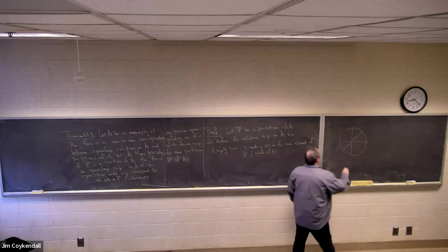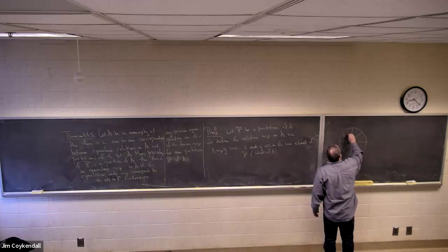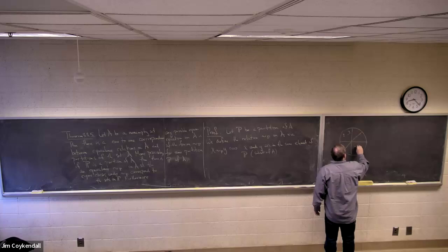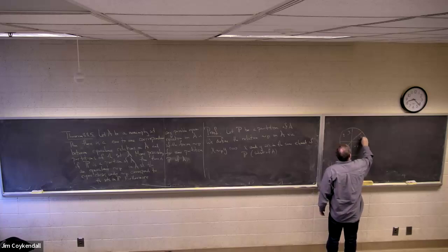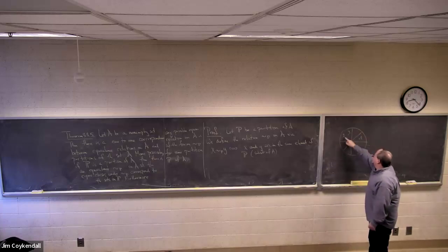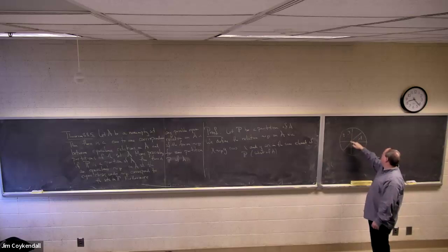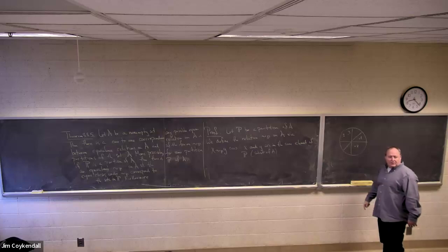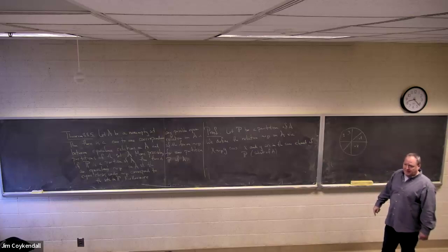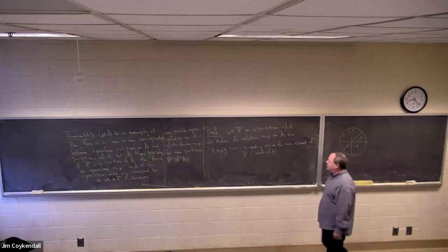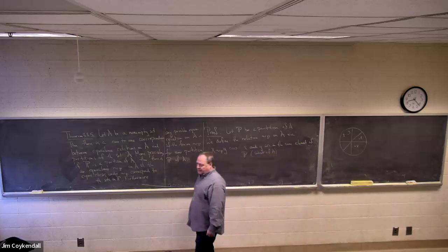So X and Y, under this partition here, would be related. But X would not be related to T or Z, Y would not be related to T or Z, and T and Z are not related. Right, okay? So that's what my relation is.